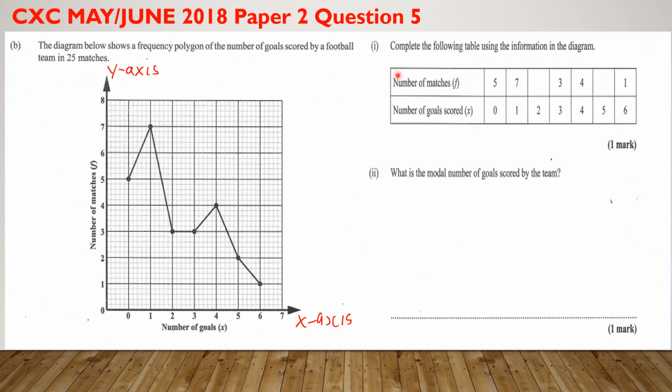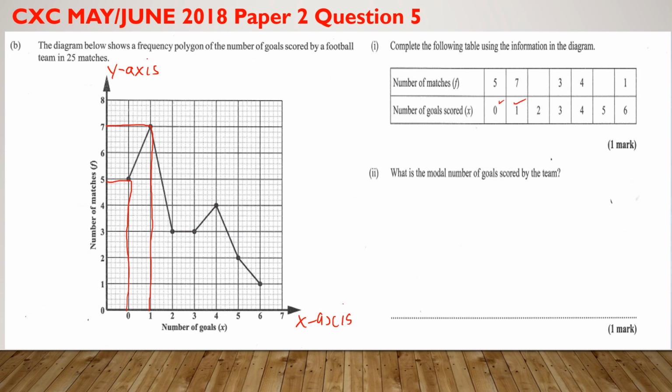So let's understand how we're taking the information from the graph and putting it in the table. So we have 0 goals was scored in 5 matches. Then we have 1 goal was scored in 7 matches, hence why we have this information here.